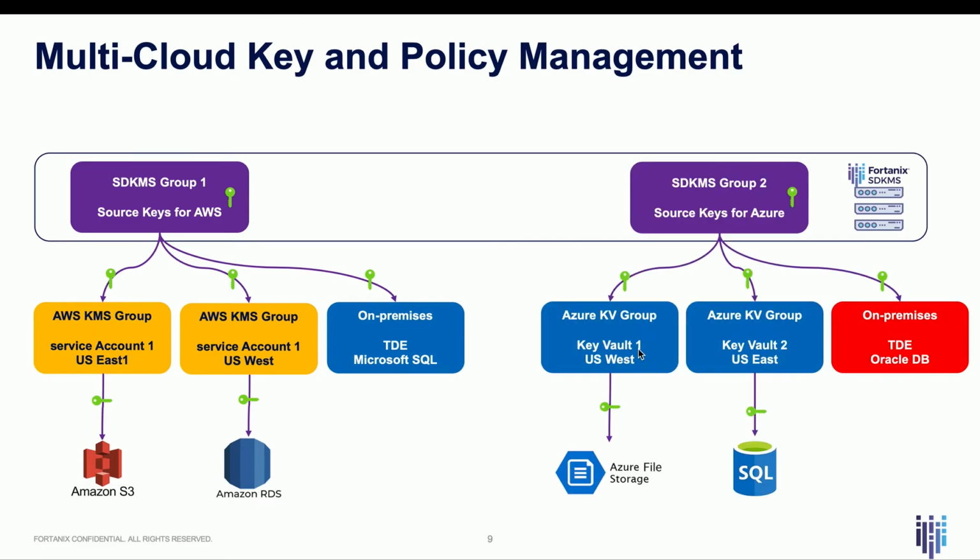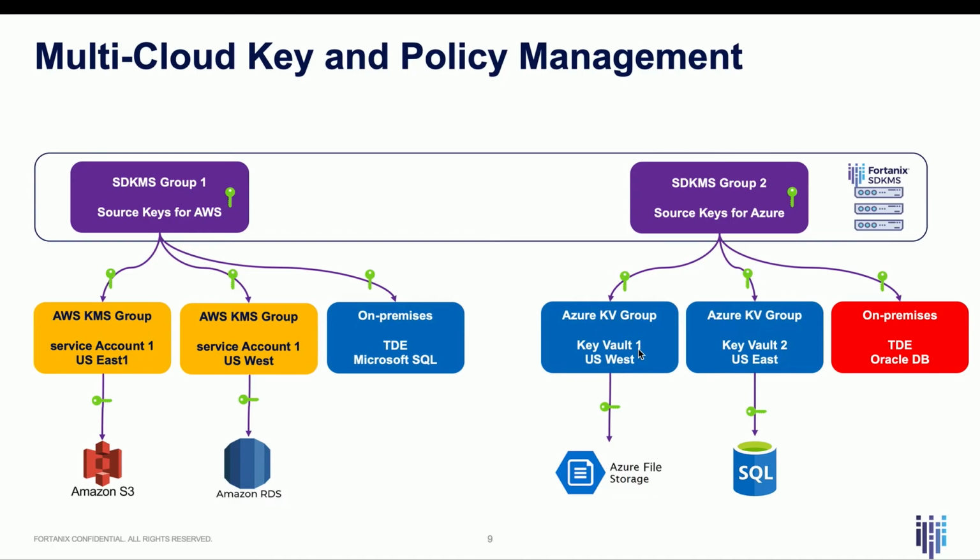Now, if we extend that to a different cloud, there's a group of type Azure Key Vault. In the case of Amazon, each group is tied to a service account and a region, and in the case of Azure, it'll be tied to Azure Key Vault and the region.